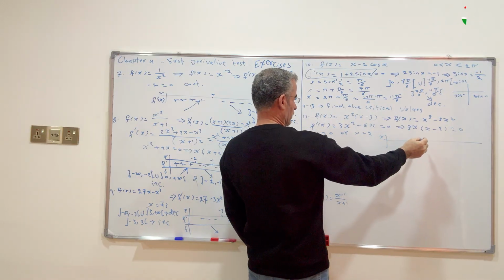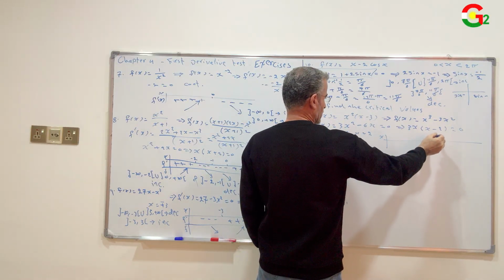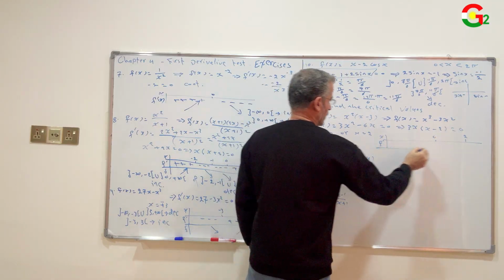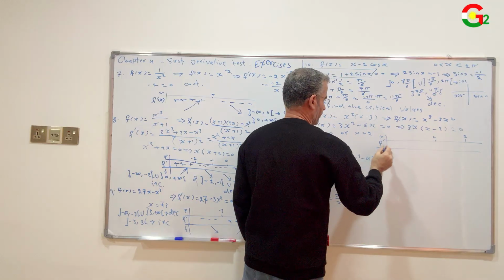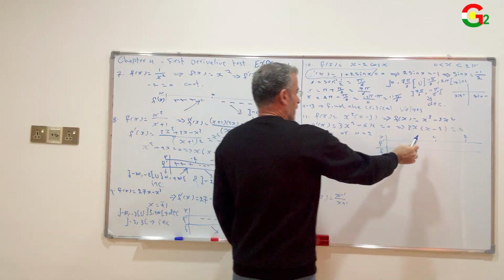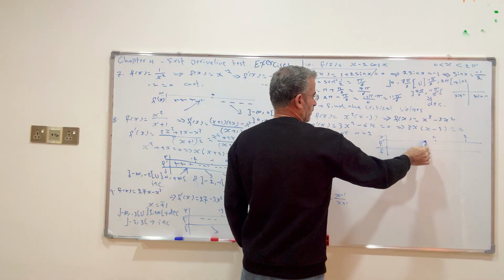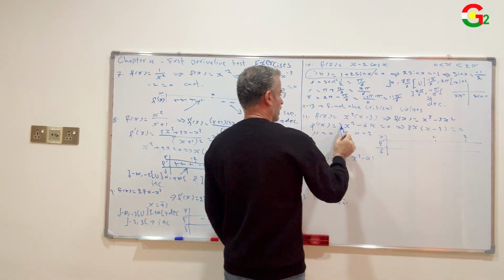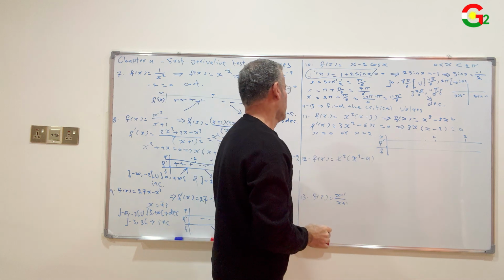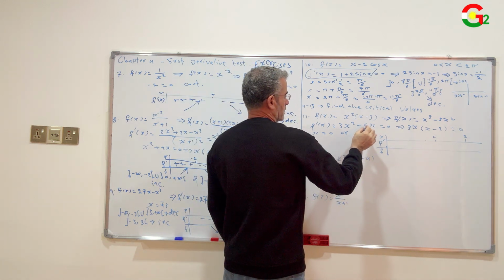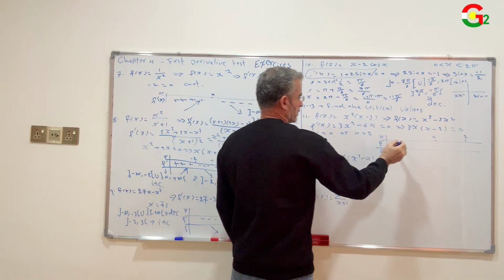Set them on the number line: 0, 2, f prime, and f. The sign of the derivative for a value less than 0, negative 1: 3 times 1, 3, minus 6 times negative 1, positive.